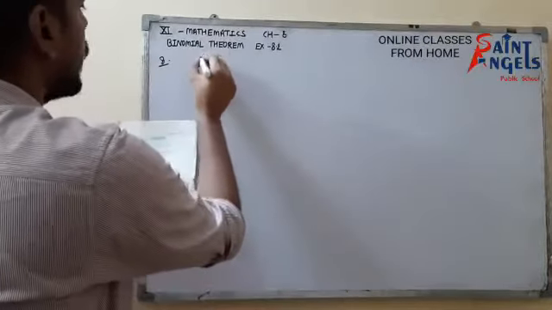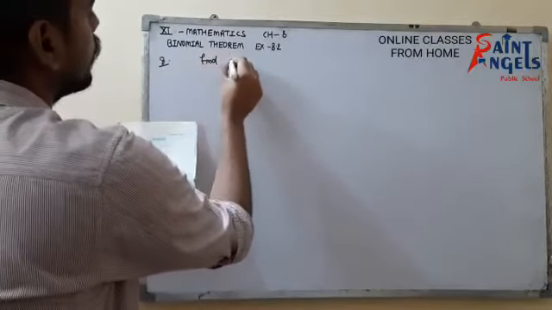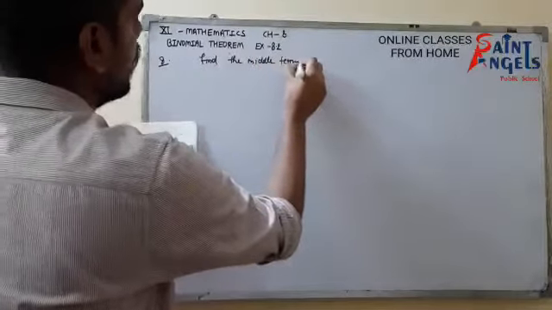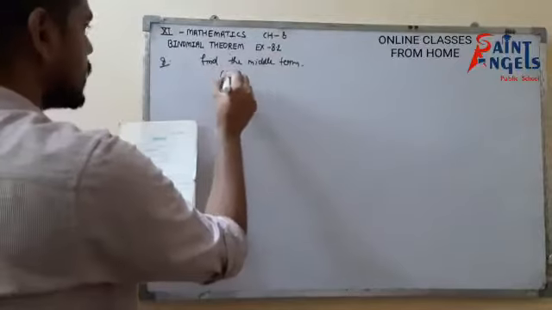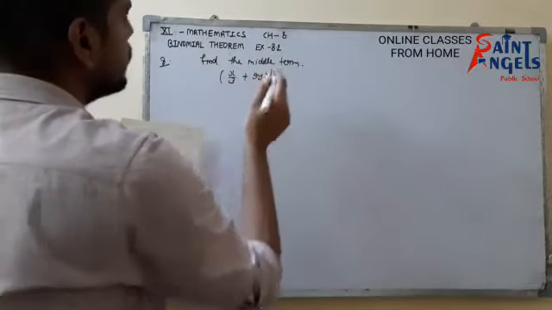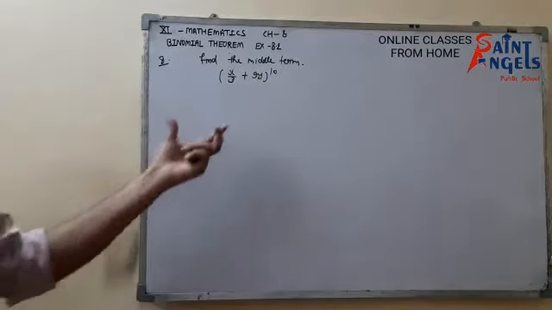In this question, we have to find the middle term. The expansion is (x upon 3 plus 9y) to the power 10. Of this expansion, we have to find the middle term.